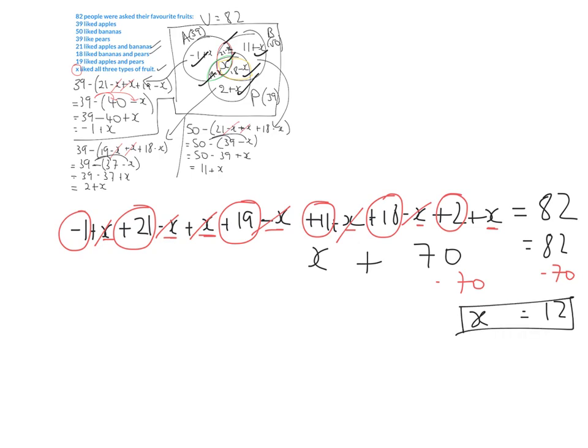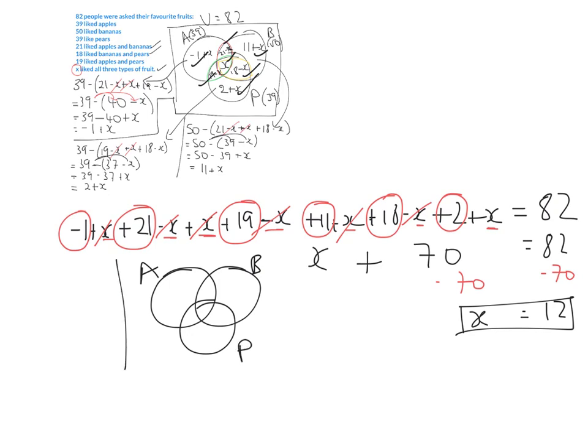And then all you need to do is refill your Venn diagram with 12 instead of x. So I'm going to draw that out here again. So I've got A, B, and P. And we know that 12 goes into the middle.